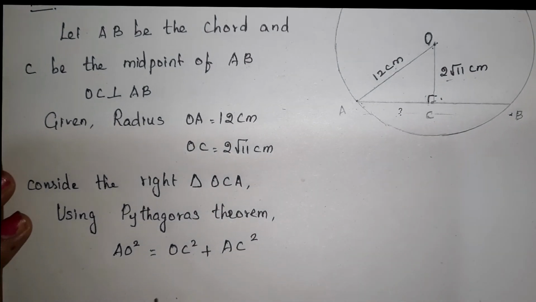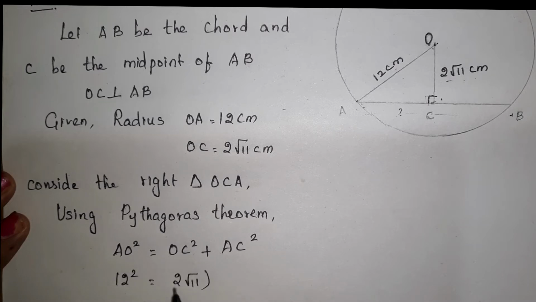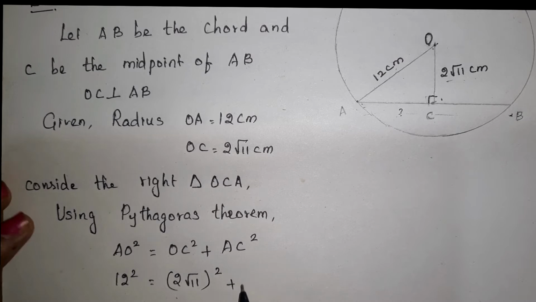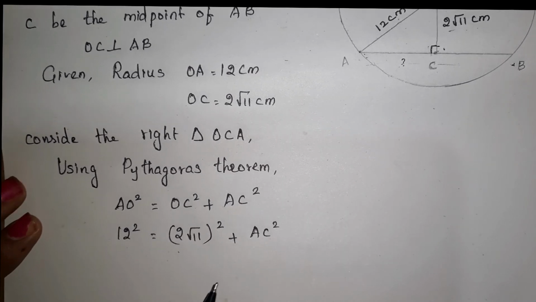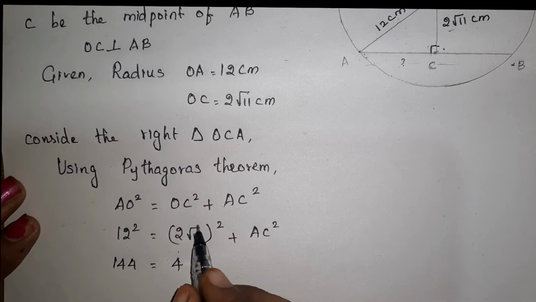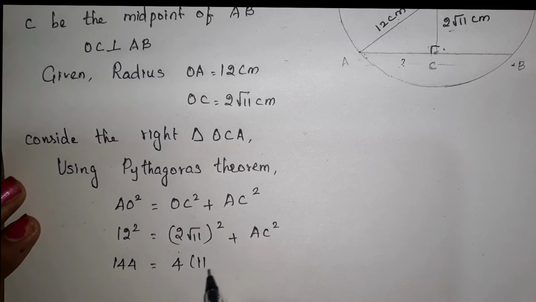Now we can apply the values. OA value is 12, so 12 square equals OC value, 2 root 11 the whole square, plus AC square, the unknown value we have to find out. 12 square is 144. 2 square is 4, then square root and square get cancelled, remaining only 11.